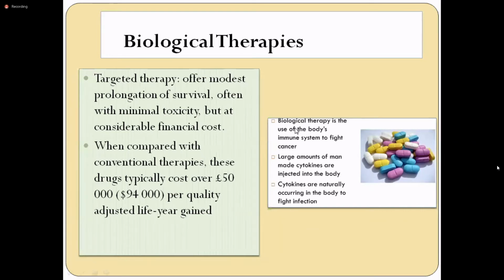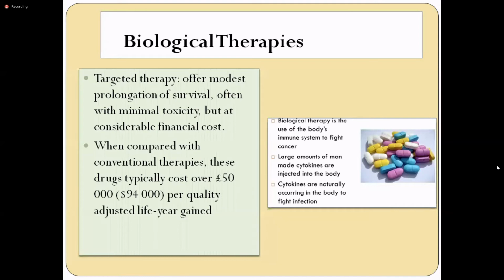Biological therapy is the use of the body's immune system to fight cancer. We all are prone to cancer. Most of us don't have cancer because of this immune system. So why do people with hepatitis or HIV have more cancer? Because their immune system is weak. That's the simple reason.